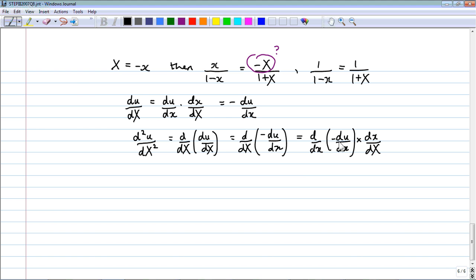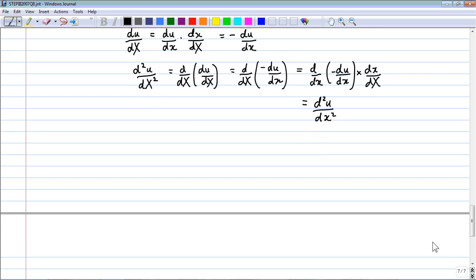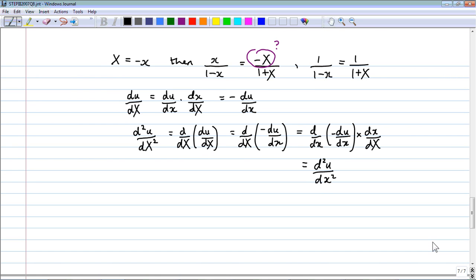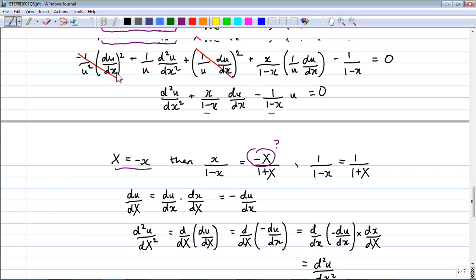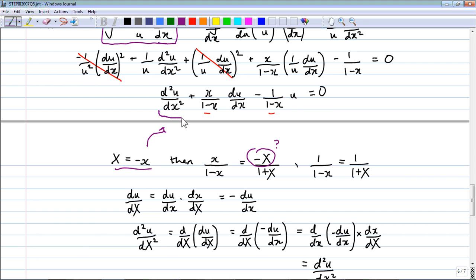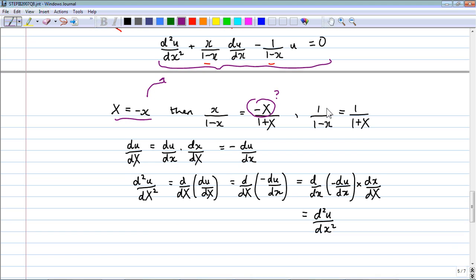So we get a minus 1 and a minus 1, so we get no change in sign. Dx squared. There we go. So that might be obvious. Maybe there's a more obvious way to observe that fact, but I'm just going to be very specific here. So if I apply this substitution right across the whole of this differential equation here, term by term, this is what happens.